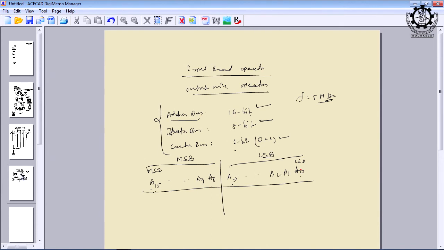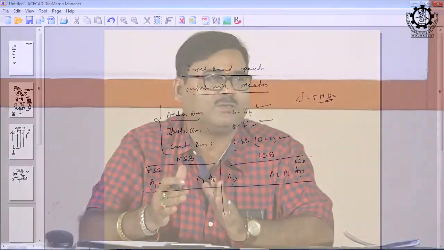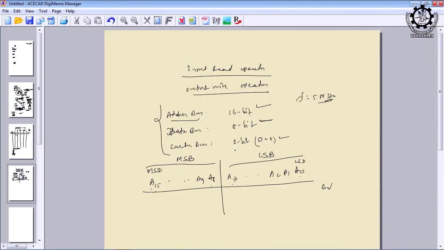Whenever it is given as least significant bit, we access only one wire in the bus, and whenever I say least significant byte, we are accessing completely 8 bits as a bunch. And most computer systems, traditionally, are all byte addressable.